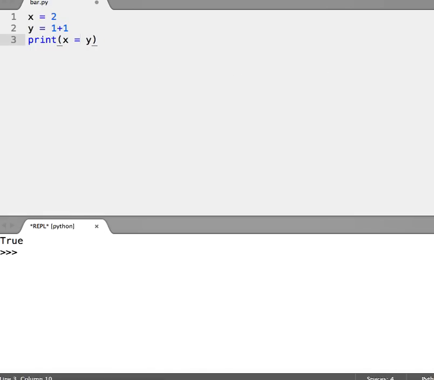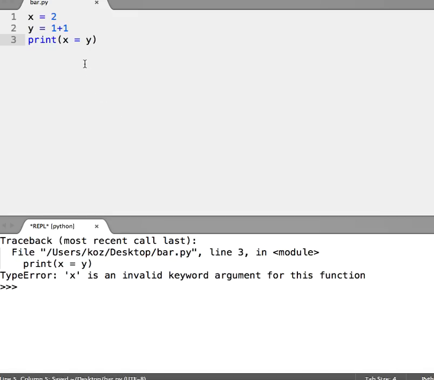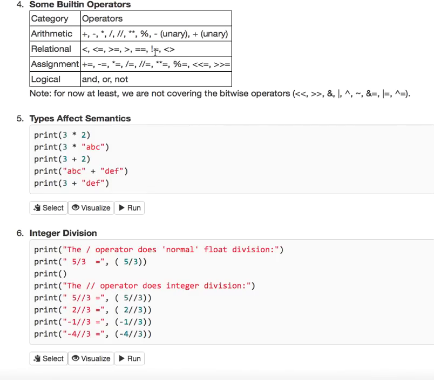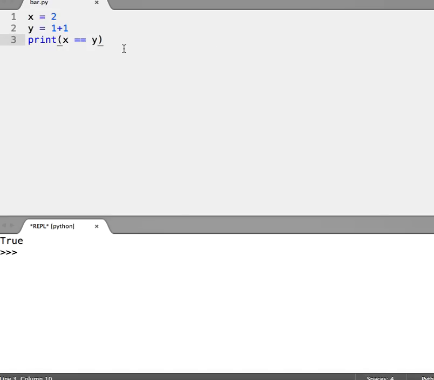If I use single equals, you're going to get an error because single equals means assignment. It's to assign a value to a variable. Double equals is testing whether or not a variable has a given value. Also, there's exclamation equals. Exclamation equals means not equals. In general, in most programming languages, exclamation means not.